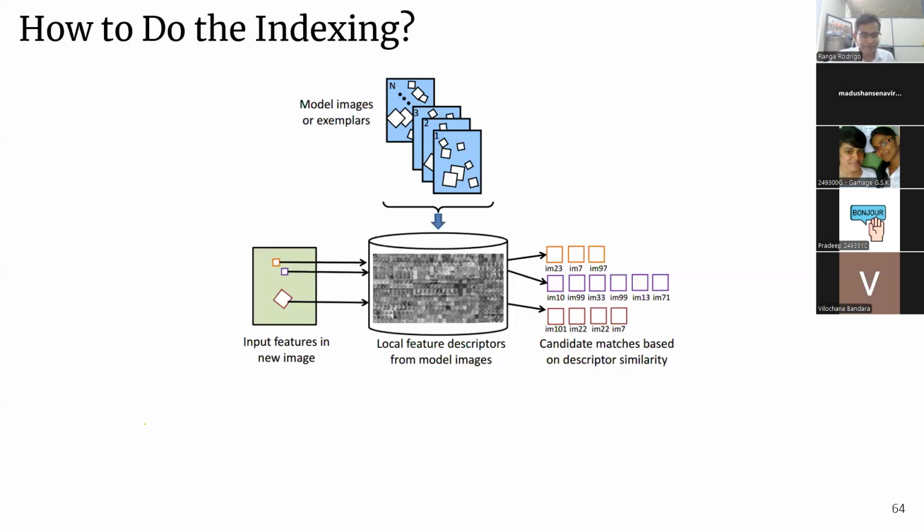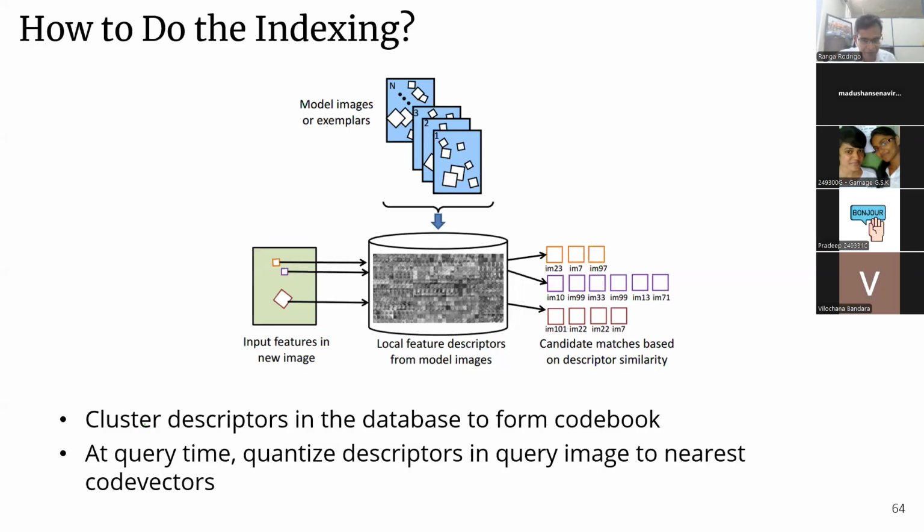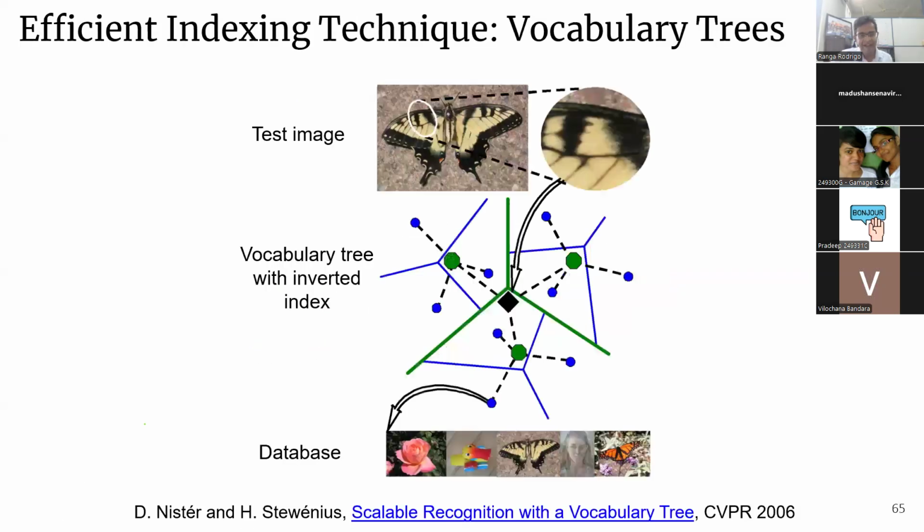So how do we do the indexing? Cluster descriptors in the database into the codebook. At query time, quantize descriptors in the query image to the nearest code vector. So those code vectors are the ones we showed as the centers. So now you can see it's quite fast. Problem is solved? Not really. There are other things.